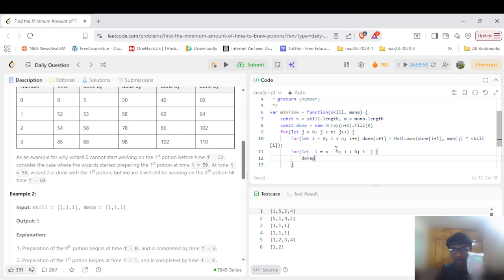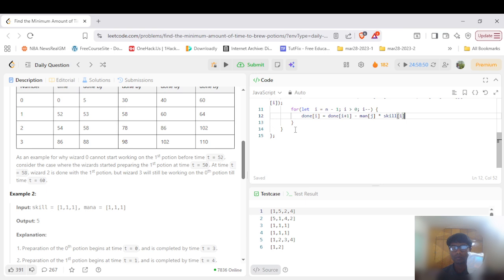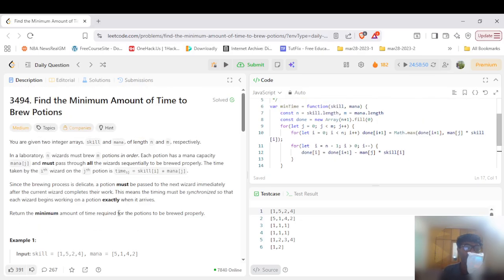Like the last skilled worker, and finally we return the done value at the last index, so that this will give us the most minimum amount of time required to brew all potions.